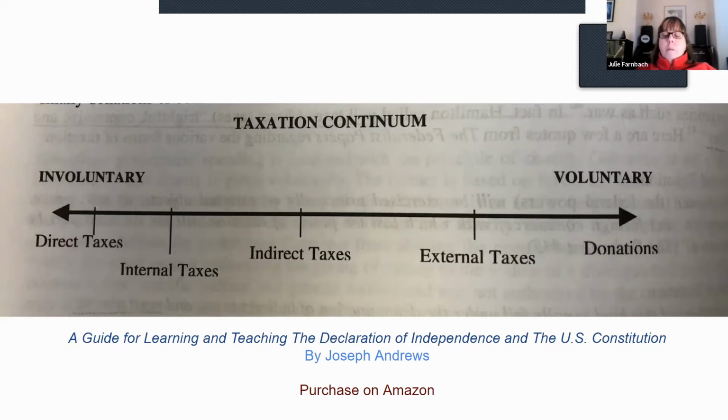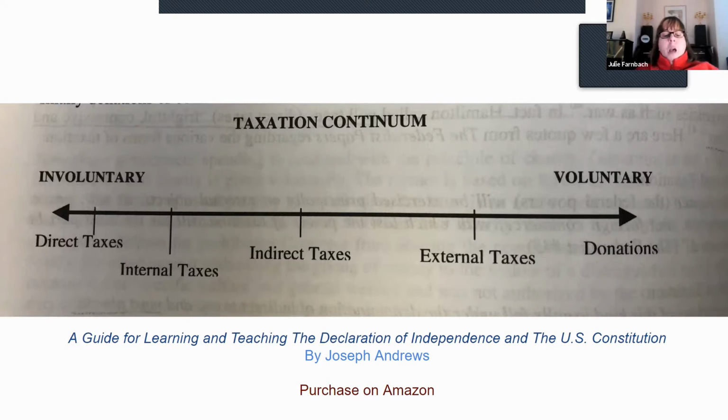Those merchants, being outside of the US, bear the cost of those kinds of taxes, and they wrap that into their cost of doing business, but they are making the evaluation that I will pay this tax in order to have access to a bigger market for my products. And so that's an external tax.